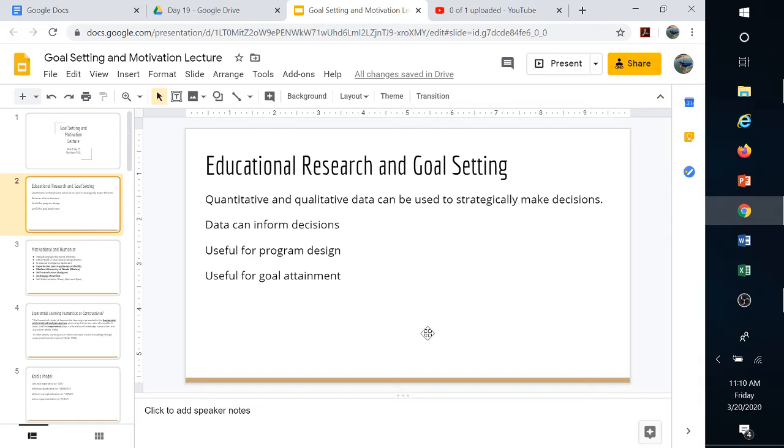So, educational research, goal setting, quantitative measures. We created a hypothesis. I want you to try to see if you can set some goals to change those results in that hypothesis. Well, not necessarily change the hypothesis, but really to set some goals to stay on top of that experiment so that you can test your hypothesis.